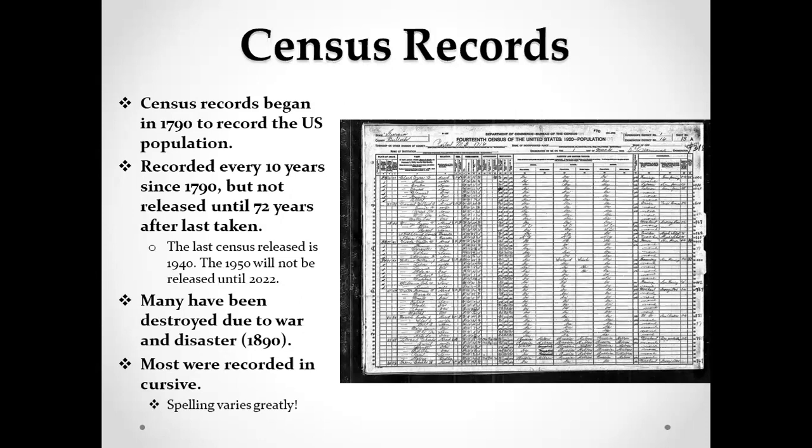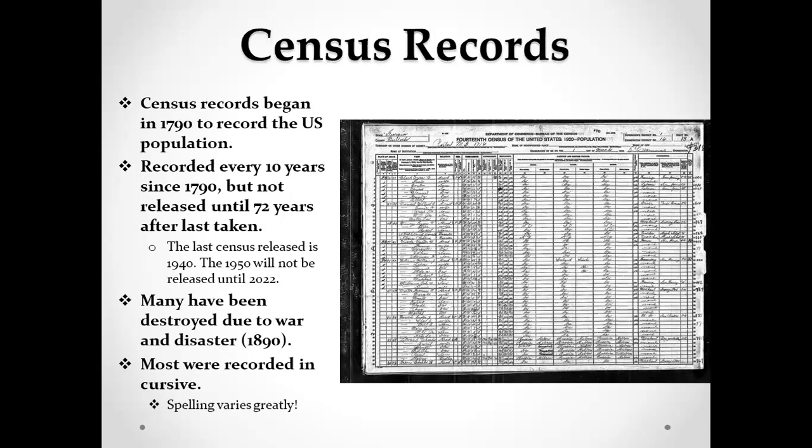At the moment, like I said, there's a bill in the House right now about the birth and death records possibly being delayed, so things can change. In England, it's 100 years after the census was taken. So I'm actually looking forward to that 1950 census coming out.